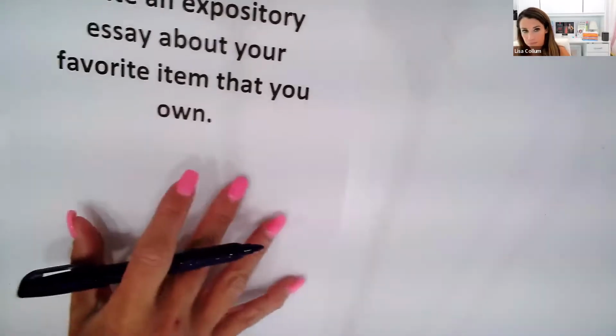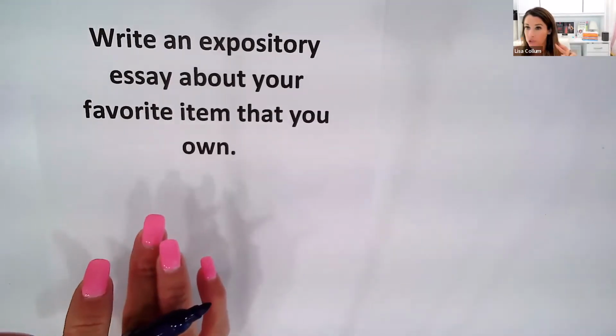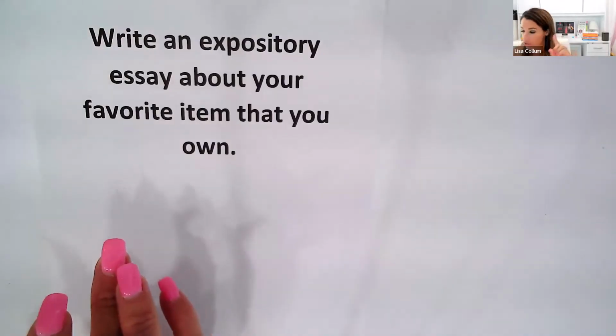I am going to give you a prompt. And I want you to take out paper and pencil. And you're going to do 2 things. First, you have to plan.